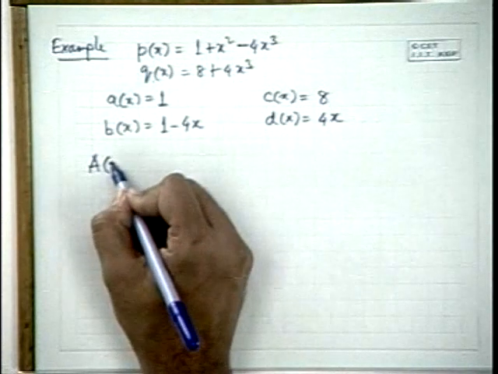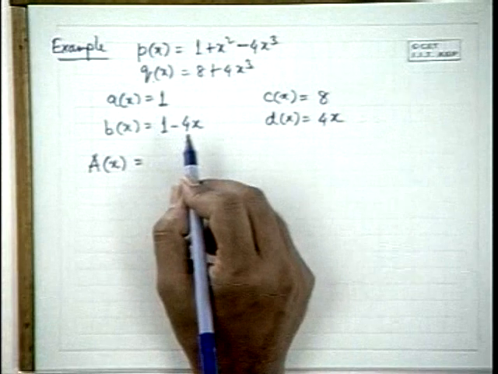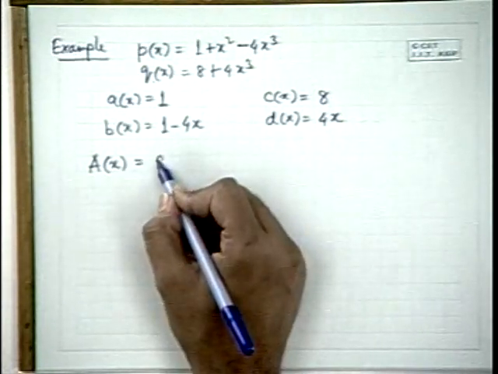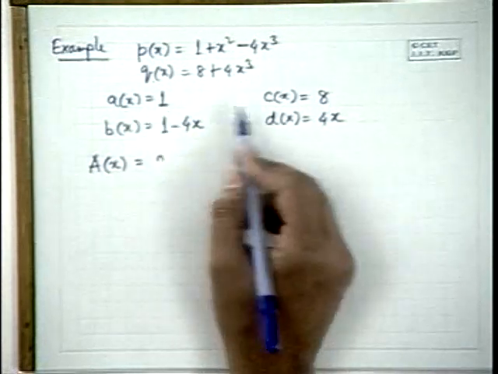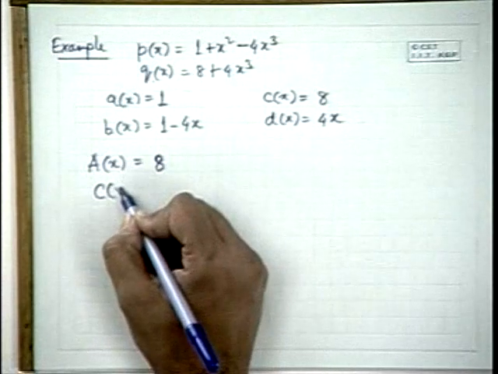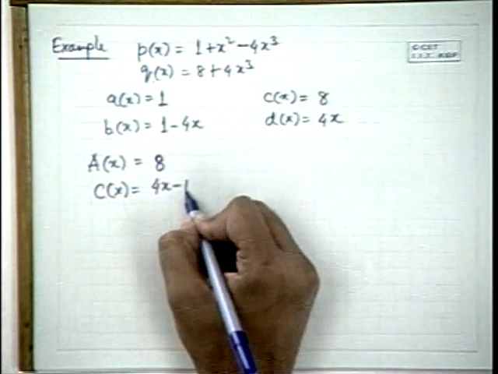Now your Ax times Bx, that is small ax times small cx, which is 8. Then Cx is Bx times Dx, which is 4x minus 16x square.